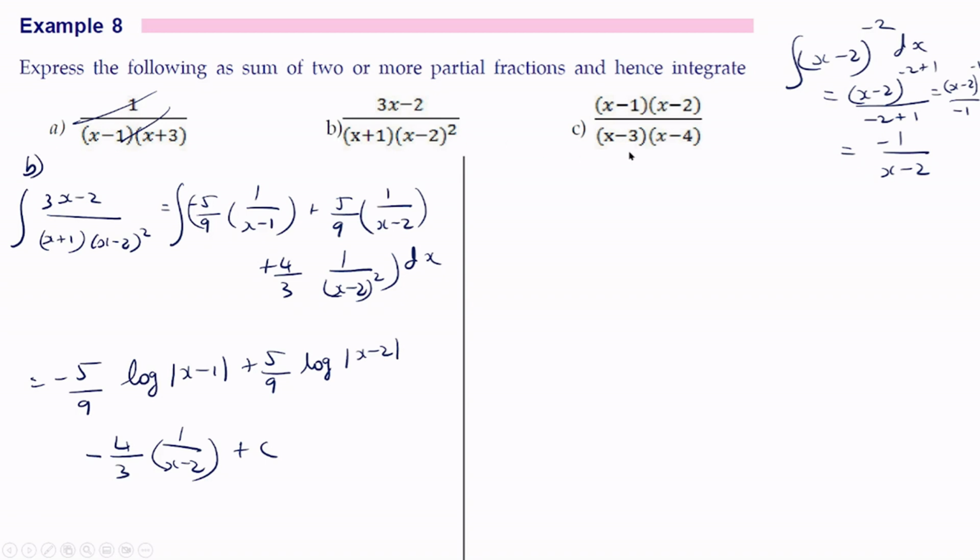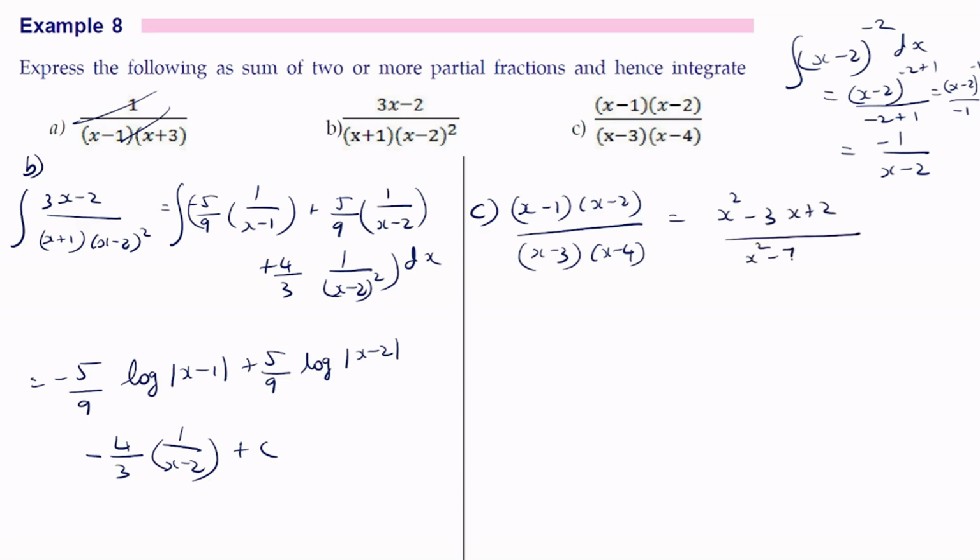Next we have the next subdivision, which is the c subdivision. So here we have x minus 1 into x minus 2 upon x minus 3 into x minus 4. So this is nothing but x square minus 3x plus 2 upon x square minus 7x plus 12.